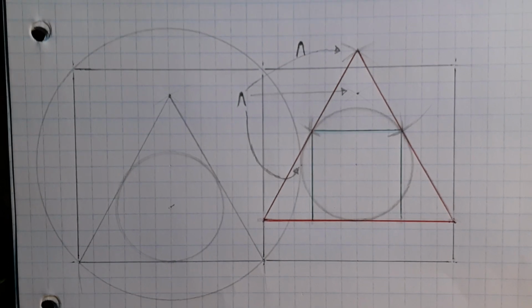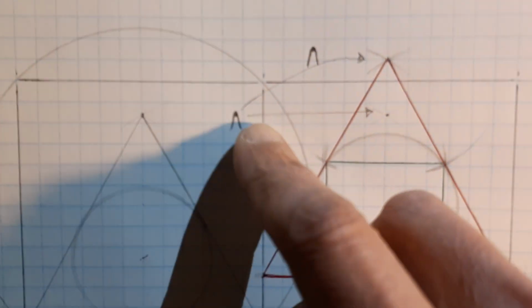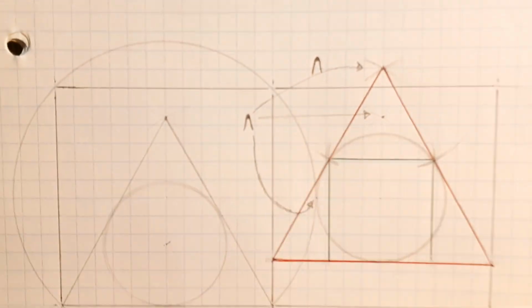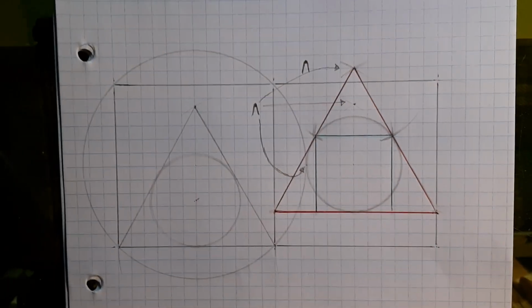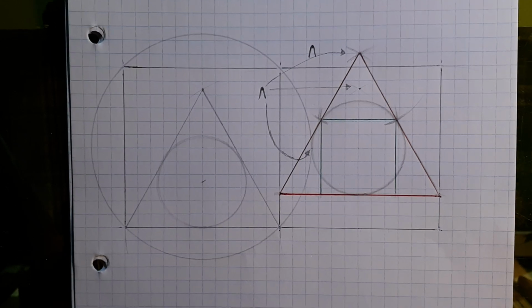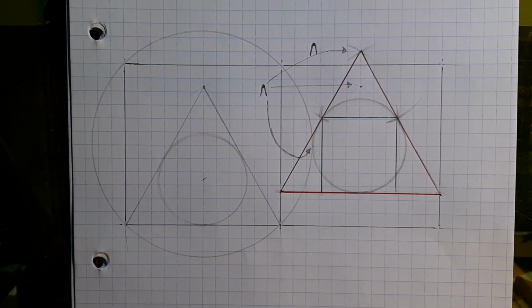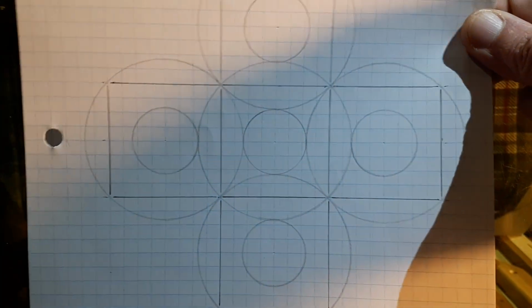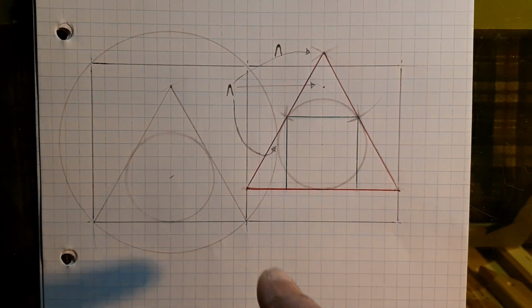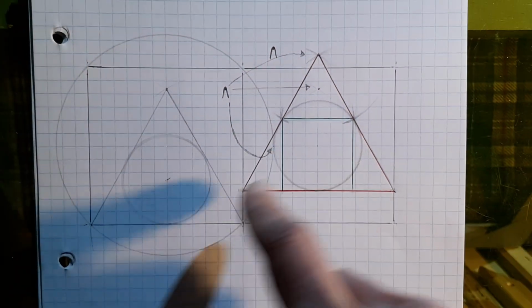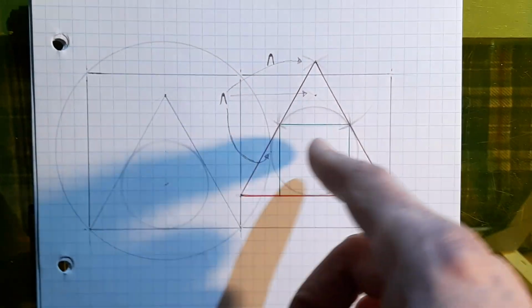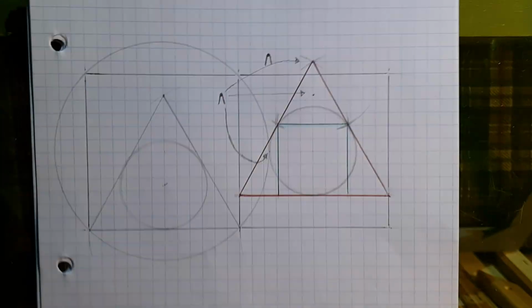This is just my symbol I've come up with for a compass or a divider. Okay, so if you follow that logic, essentially this led me to finding this. And then I found another way to find a square inside the triangle.